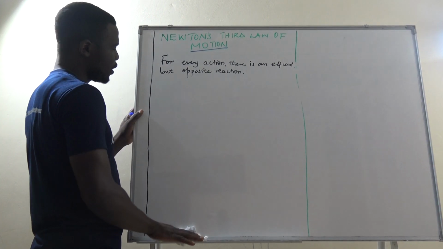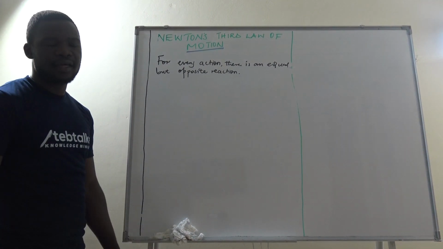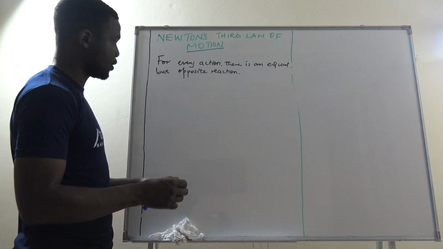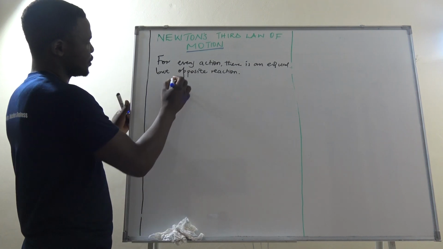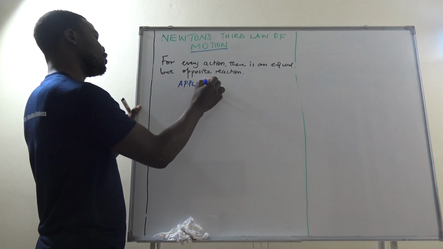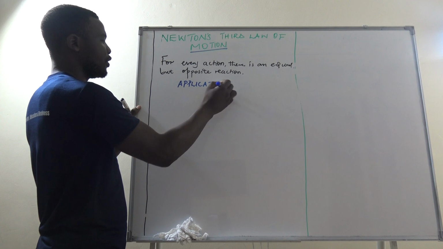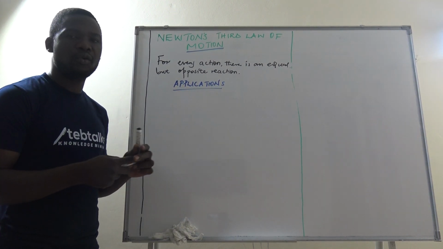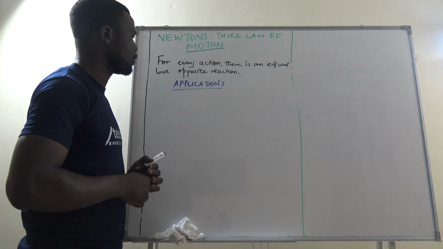Now, let us look at the applications of Newton's third law. We are going to look at a series of things that can be explained using Newton's third law, and we are calling it applications. Now, where do we find use of Newton's third law?